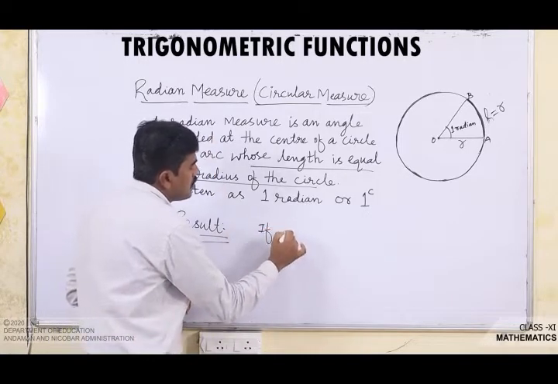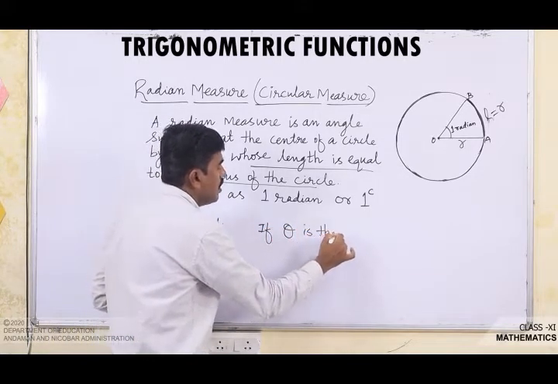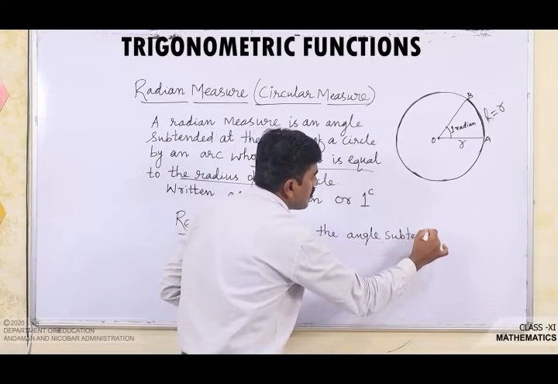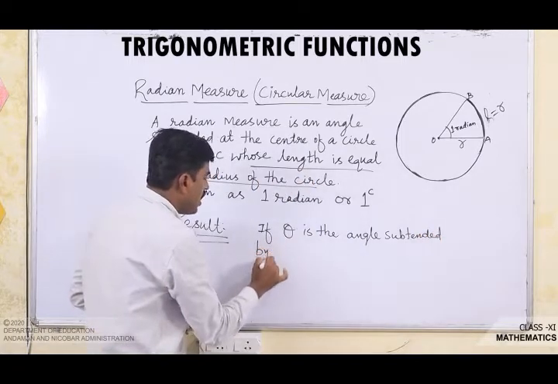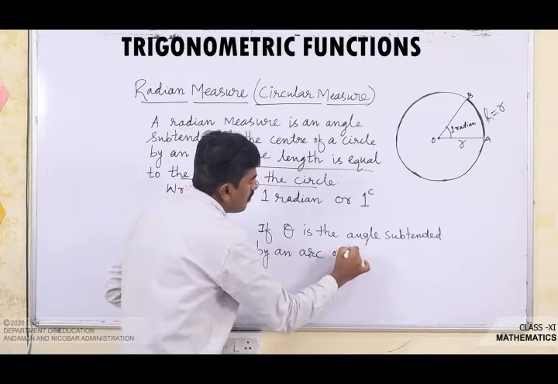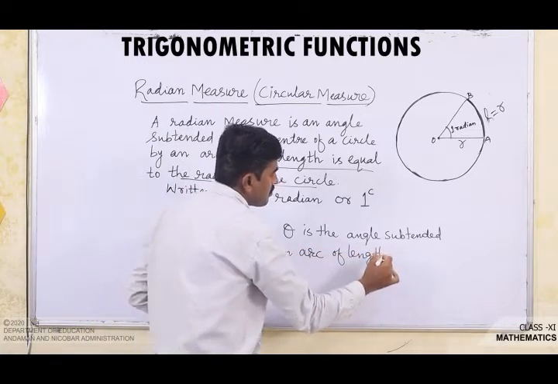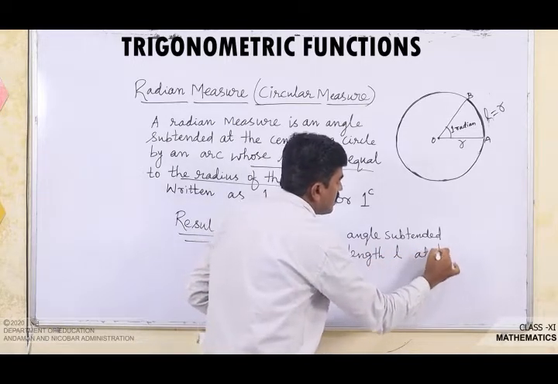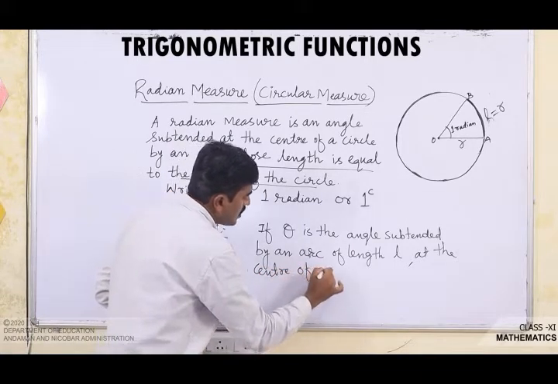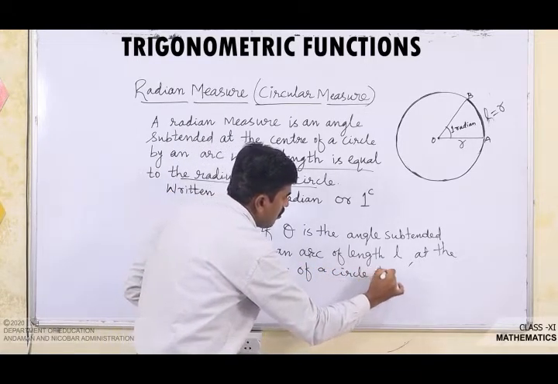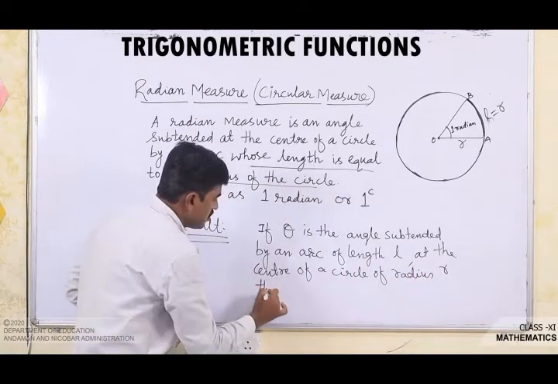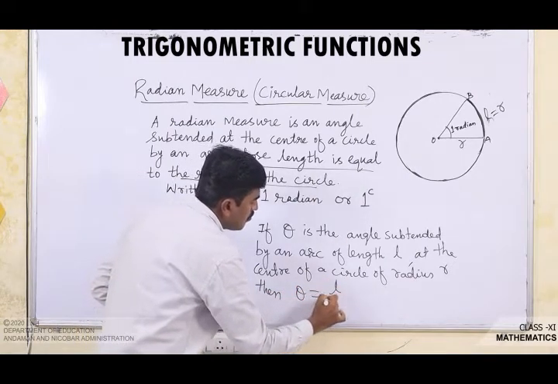If theta is the angle subtended by an arc of length l at the center of a circle of radius r, then theta is equal to l by r.